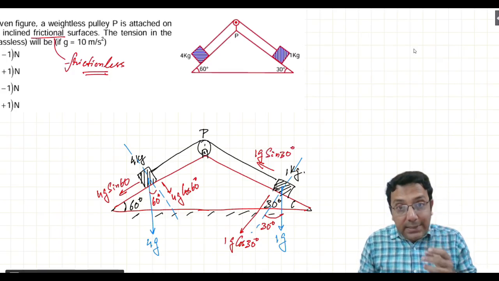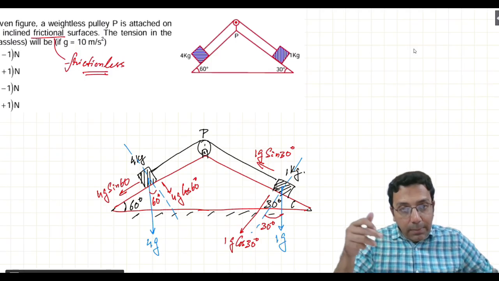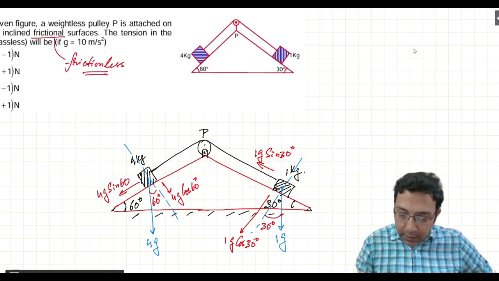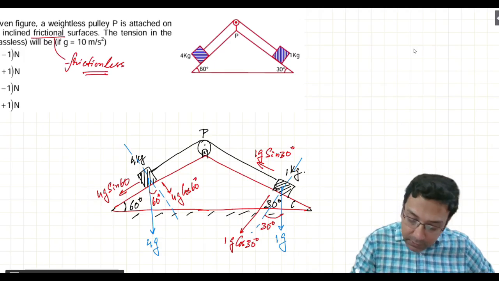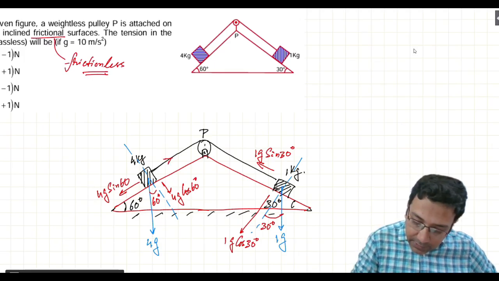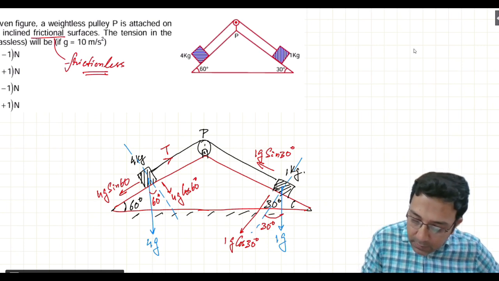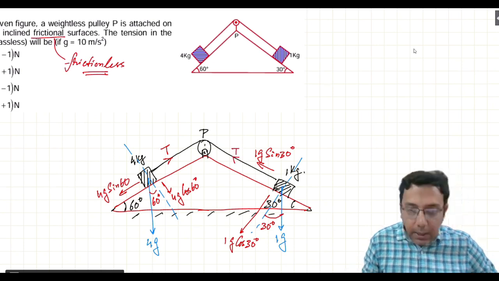Now this 4g sin 60 component is instrumental in bringing the 4 kg mass down. And there will be tension in the string also. The tension is always directed towards the pulley, so tension up here, and here also tension up.